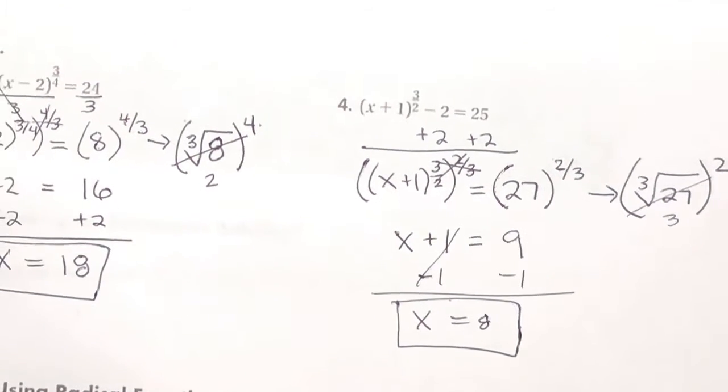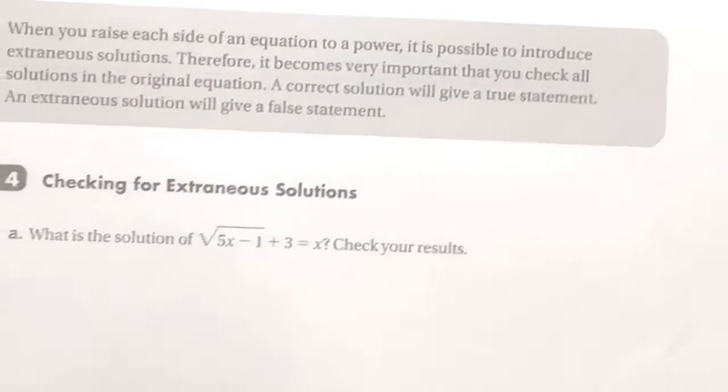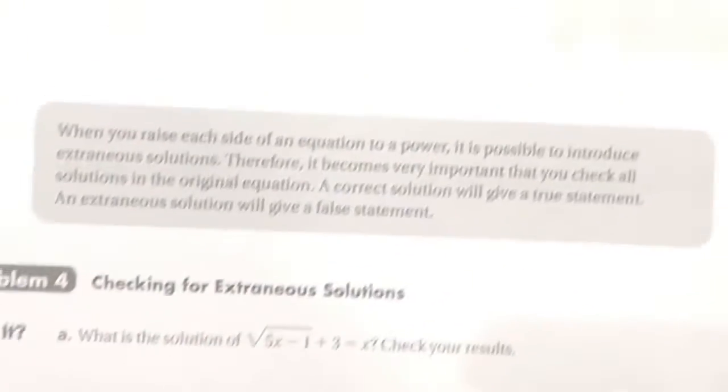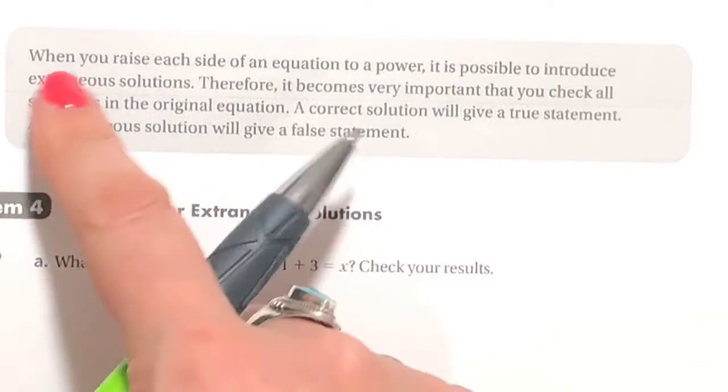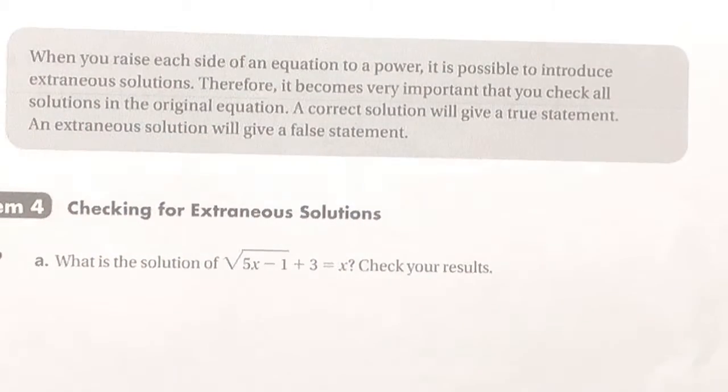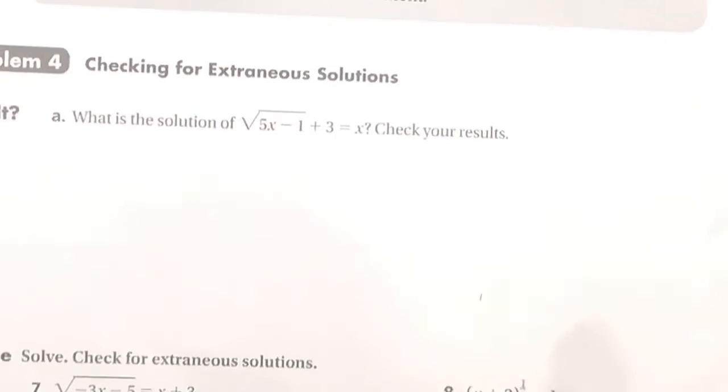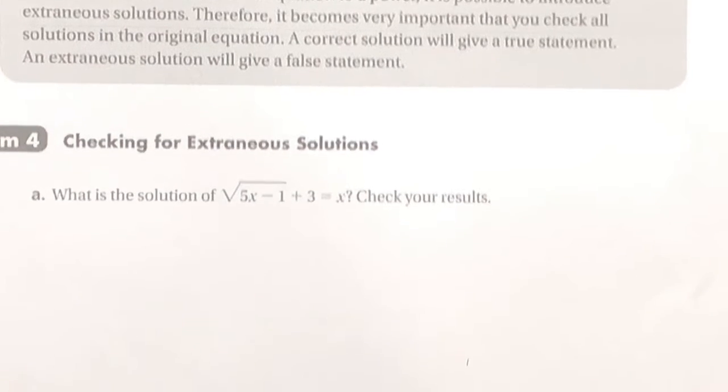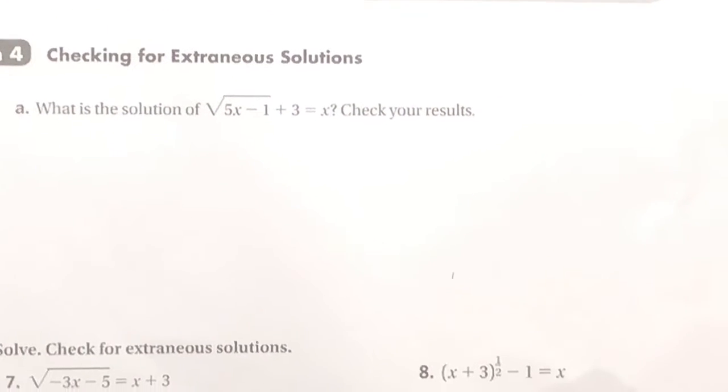Okay, let's look at some more. Like I said before, sometimes you can get those extraneous solutions. So far all the ones we've looked at haven't had an extraneous solution, so I want to look at some that do, just so you can see that they do show up. It is important that we check all of our answers just to make sure.